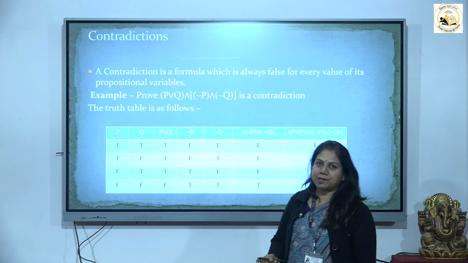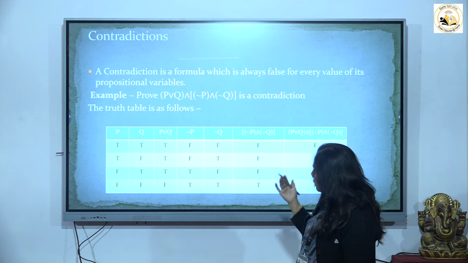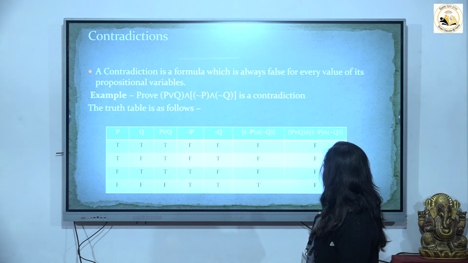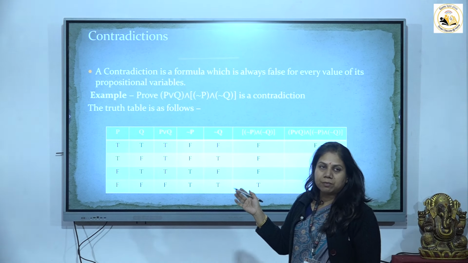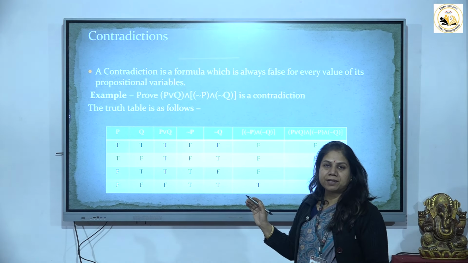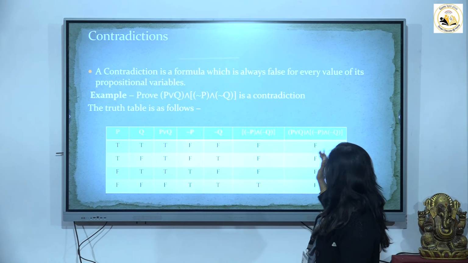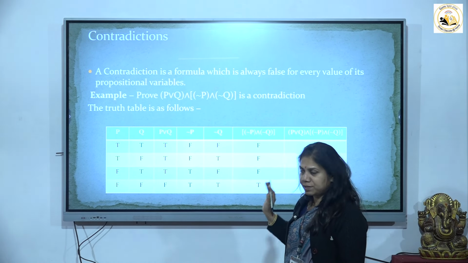Next, contradiction. What is a contradiction? A contradiction is a formula which is always false, means whose final result is false, right, for every value of its propositional variables.